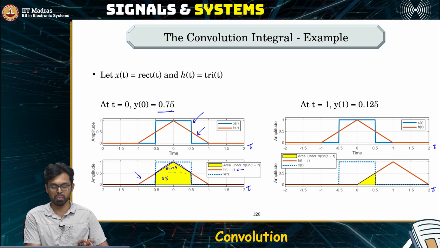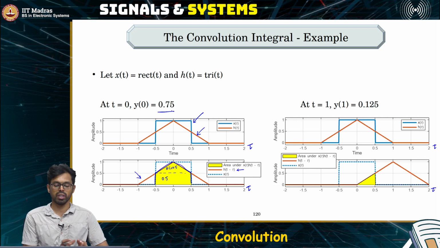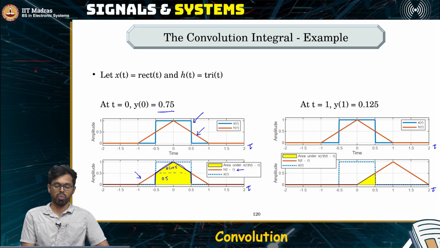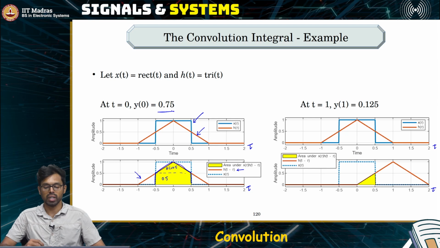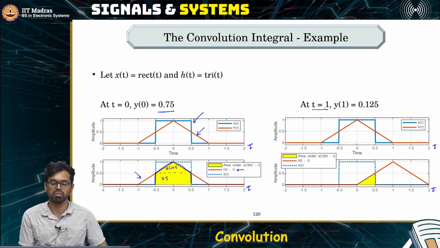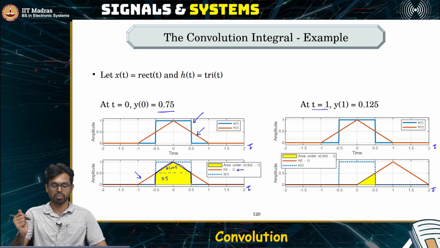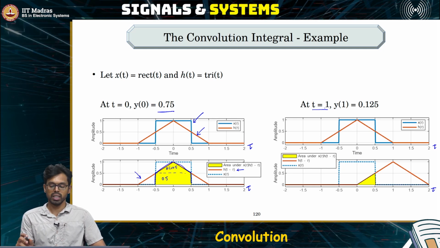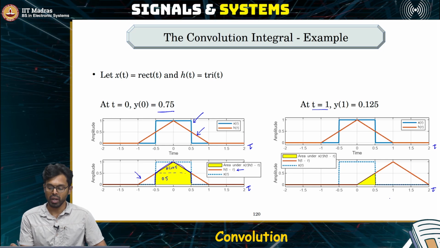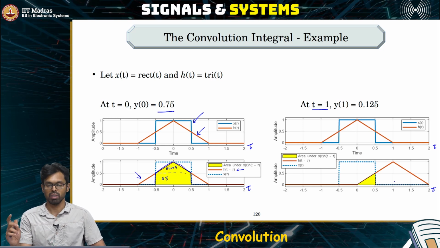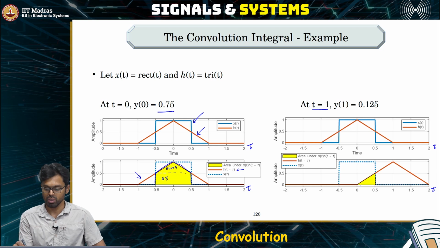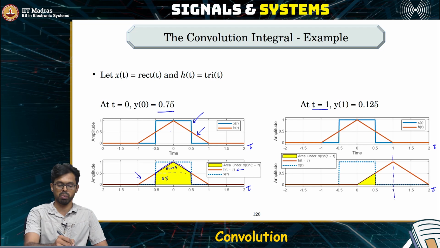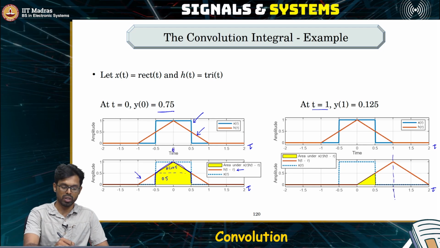And let's say we keep moving this from left to right, and then compute the output at each and every point. Now let's say we want to find the output at t equal to 1 second, which is basically y of 1, which means you have to shift the time reversed impulse response by 1 second. So the impulse response now moves to this point. Remember, the center of the impulse response was at 0.